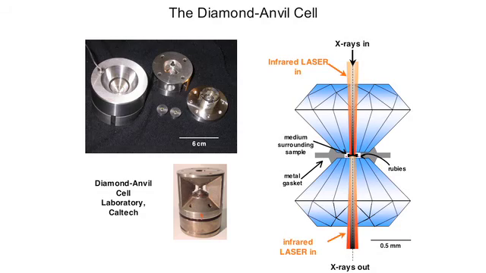So you can also see where we probe the sample with X-rays. This is a simple scattering environment where the X-rays come out in the same direction as they come in. And we also have an infrared laser that is collinear with that probe so that we can heat the sample while we measure its properties.